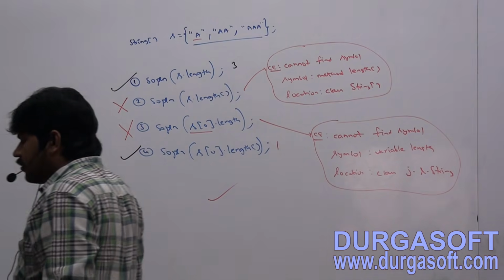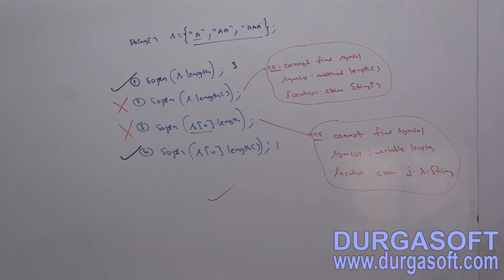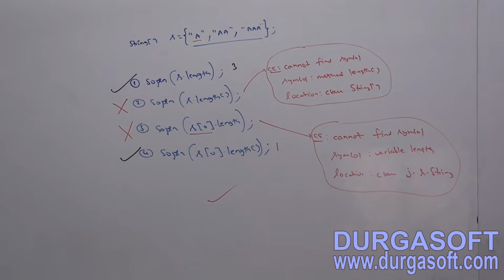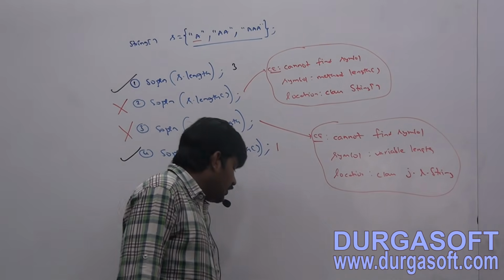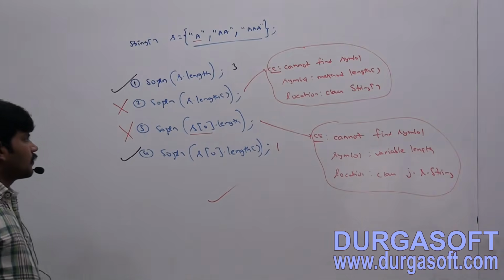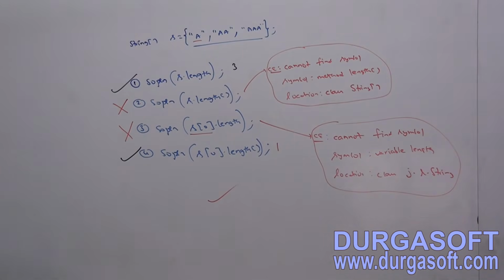Length variable and length method. String array s is equal to a; SOP of s dot length gives 3; s of 0 dot length and so on.